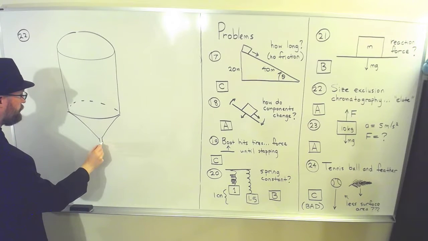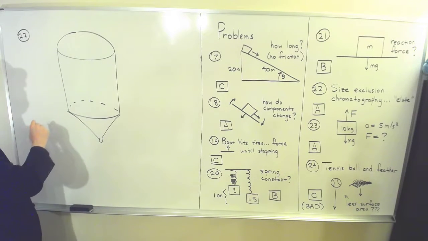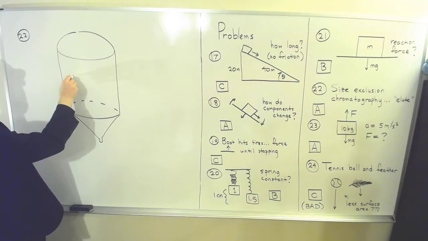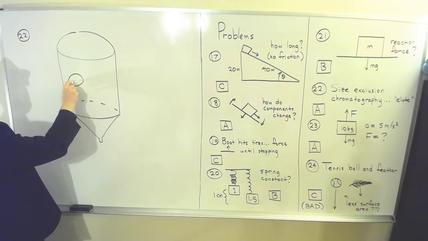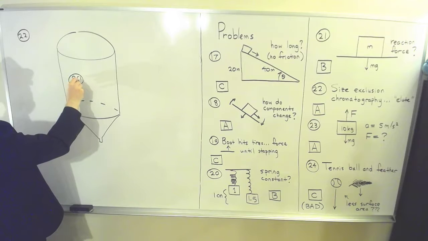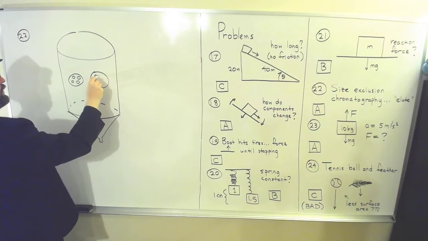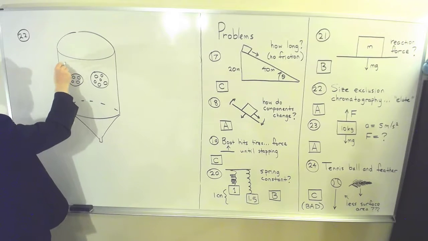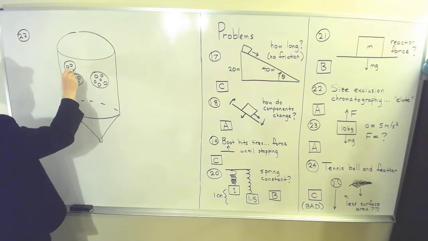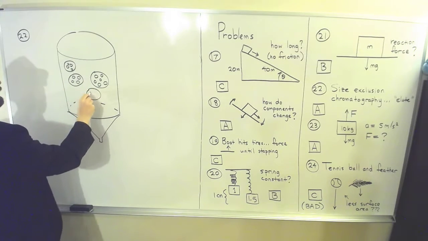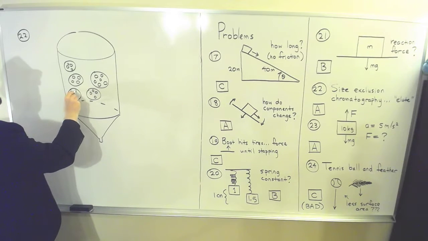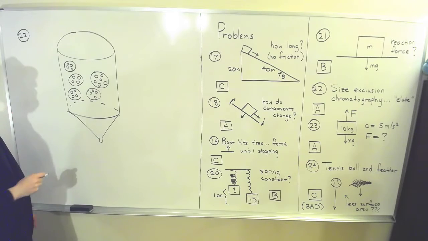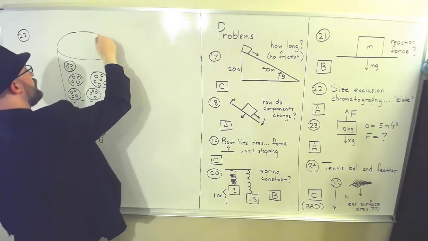And inside the cylinder are these porous beads. So these are like plastic beads that have holes in them. And then you put some molecules into here.